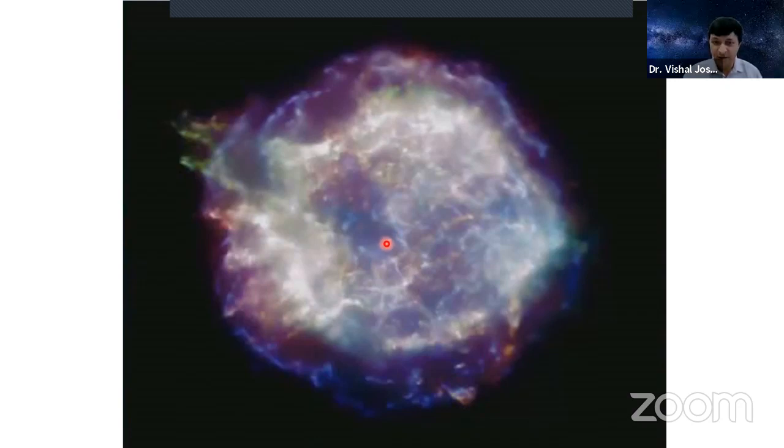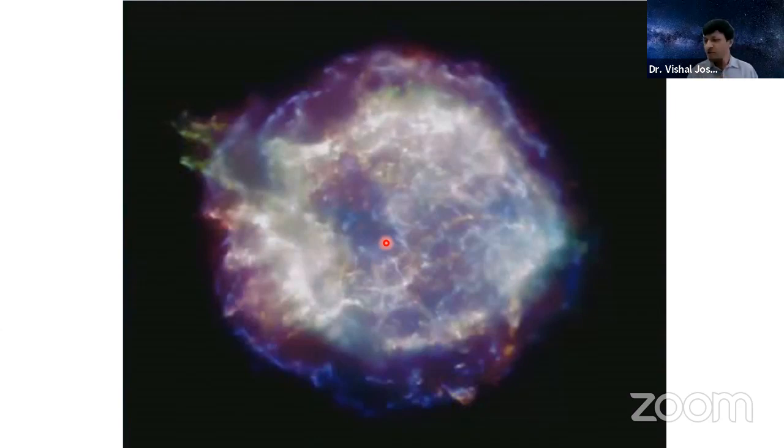and you will have a tiny but extremely dense remnant of the core. If the core has mass below some limit, then the core made up of neutrons is called a neutron star. So the whole core converts into neutrons. The whole remnant is made up of neutrons, and you will have a neutron star.